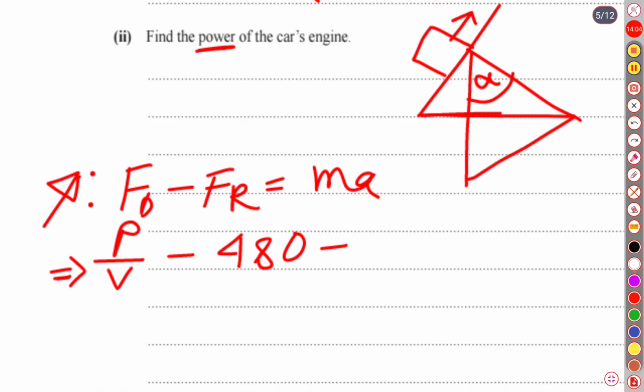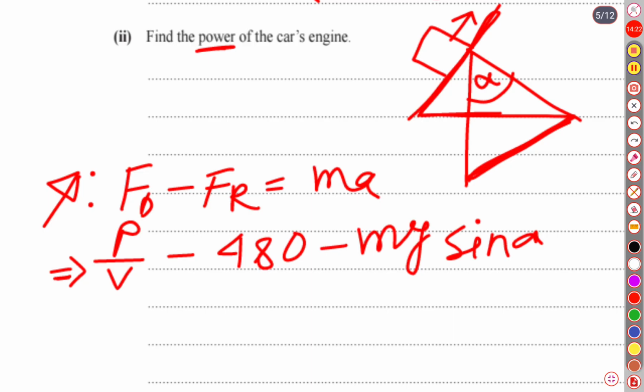So what was the weight? The weight component is mg sine alpha, because this is parallel to the horizontal axis, meaning the direction of movement. This is our horizontal axis. In terms of the triangle, this is no more horizontal, this is our vertical line in the triangle, so don't get confused.